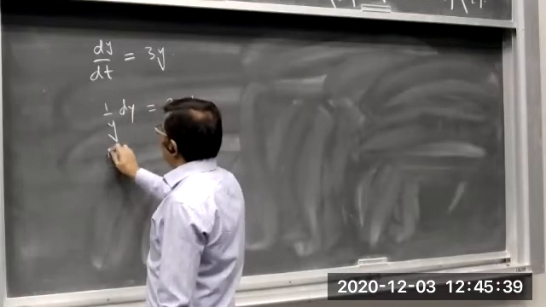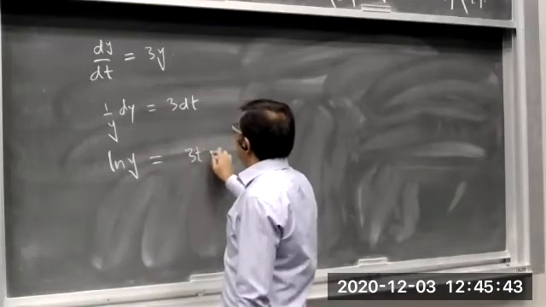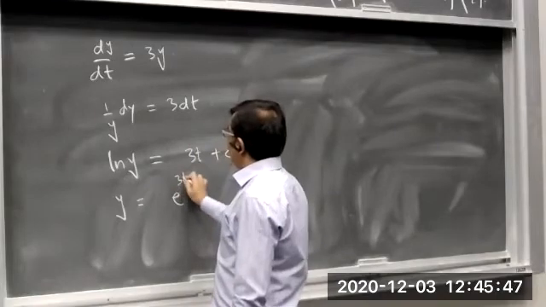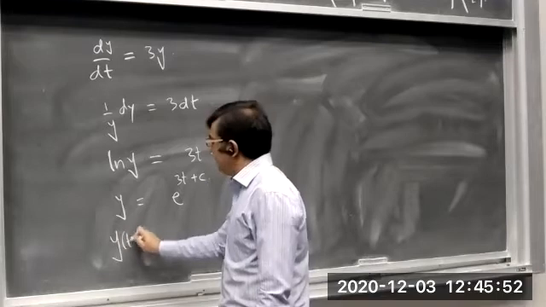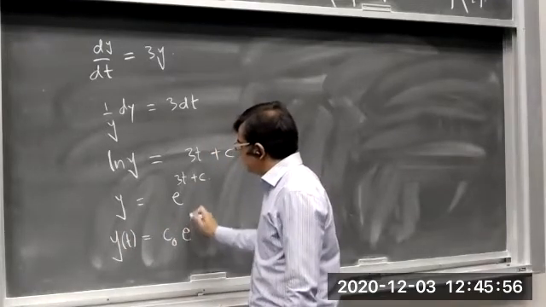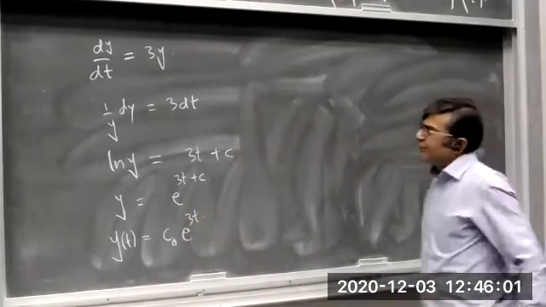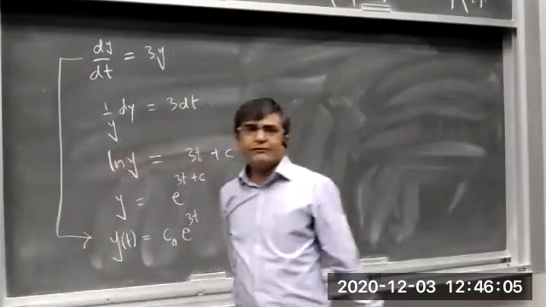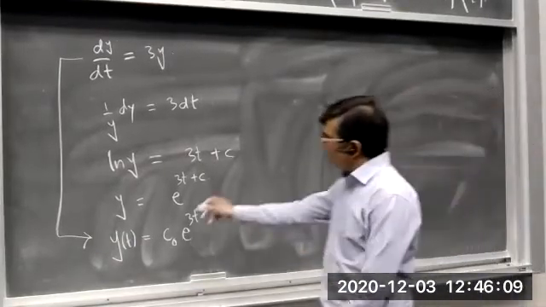Integrating both sides, natural log of y is equal to 3t plus c. Then y is e raised power 3t plus c. Finally, we can write y of t is equal to some constant times e raised power 3t. So the solution of a linear homogeneous differential equation with constant coefficient is always of this form.